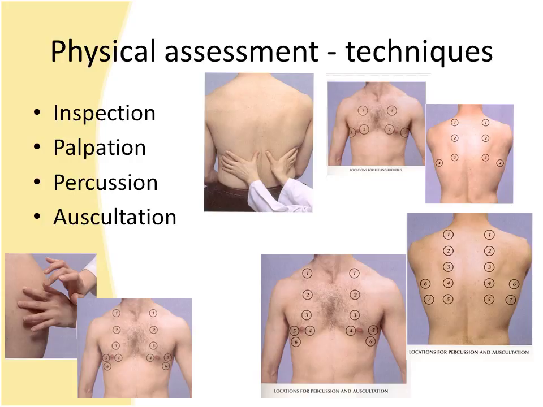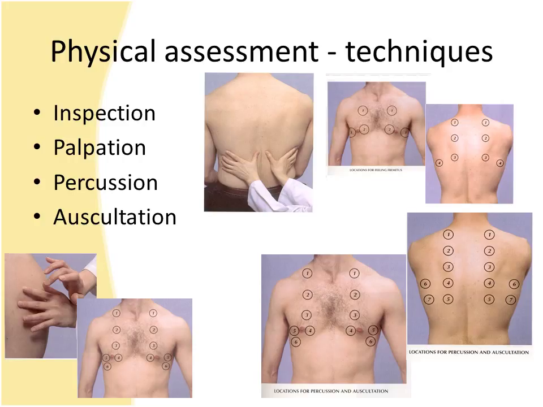We also look at skin color as part of our inspection of the respiratory or oxygenation. Cyanosis of the lips and nail beds indicates a significant decrease in oxygenation, so that we're seeing central cyanosis.